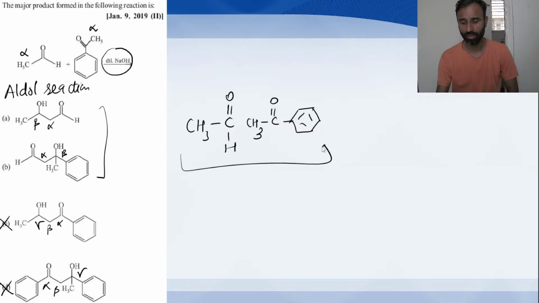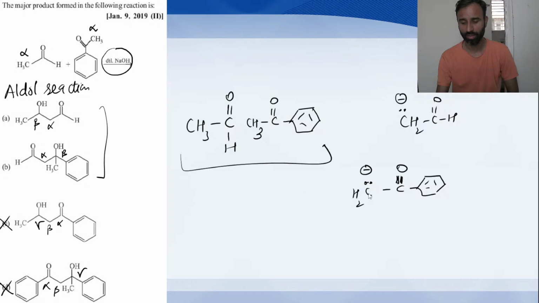When these two are present, in the first case either we get the CH2 C=O anion, where the alpha hydrogen is removed by OH negative, or the C=O CH2 anion. These are the two anions.